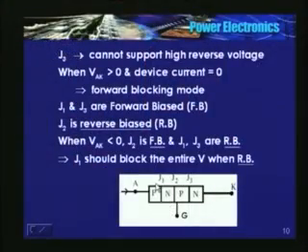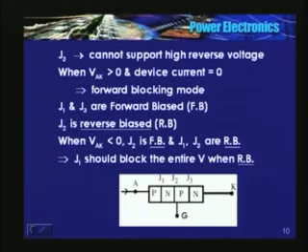Now what happens when the device is in reverse bias mode? When VAK is negative, something similar to the diode, at that time J1 and J3 are reverse biased. See, when VAK is positive, J1 and J3 are forward biased and J2 is reverse biased.